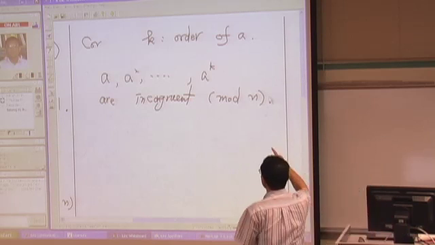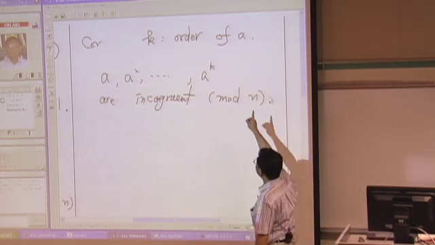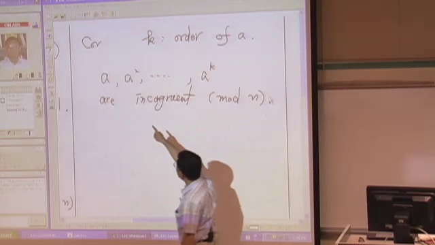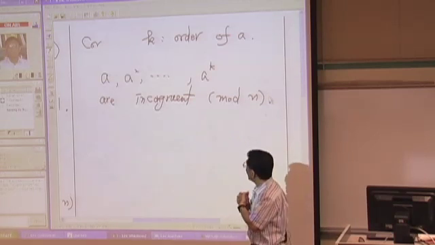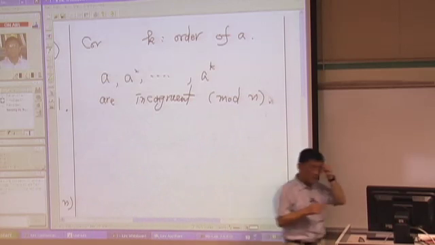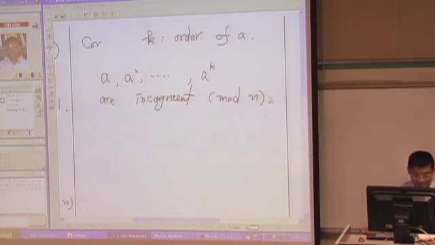In other words, because the order is k, any lower power than k cannot be congruent. That's the crux.